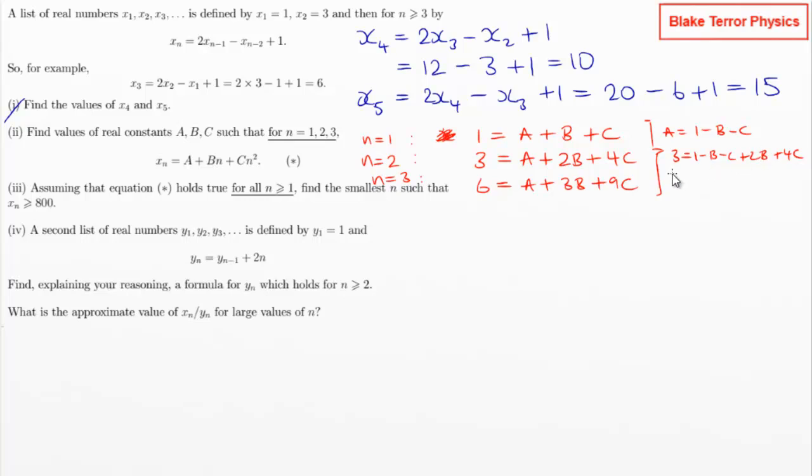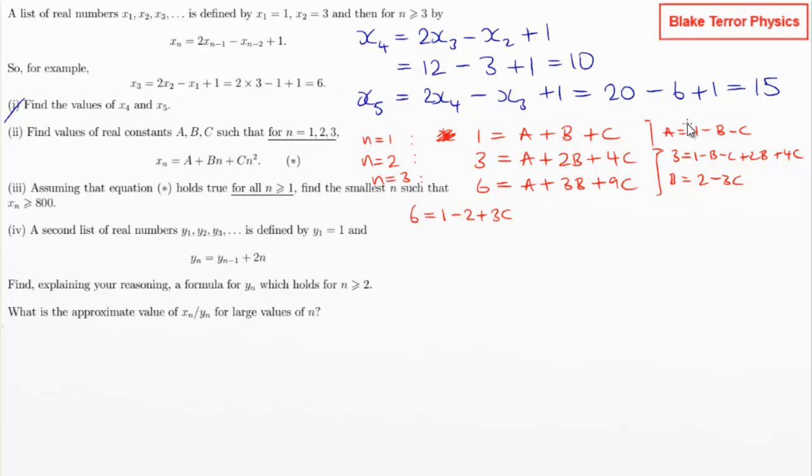So that leaves that b is equal to 2 minus 3c. So that's the second one. Now we can stick all of that into this bottom one. So 6 is equal to a, so that's 1 minus b, so 1 minus 2 plus 3c.